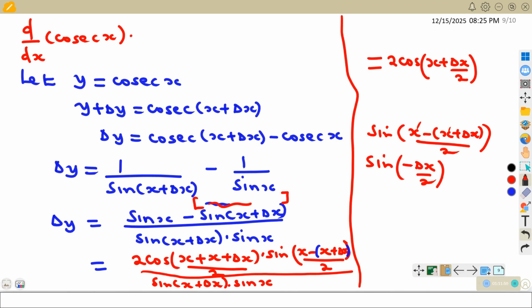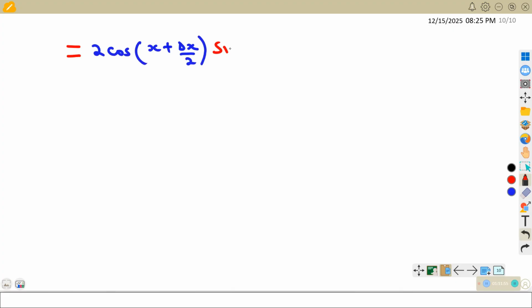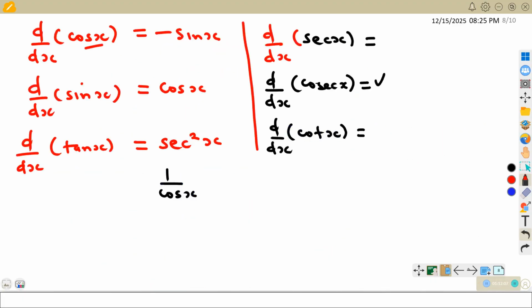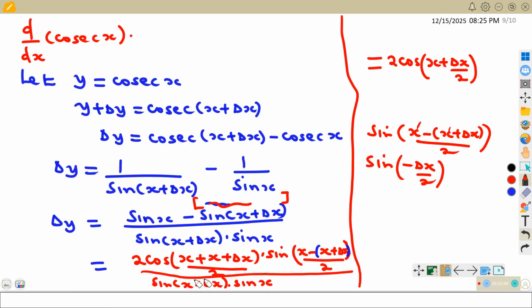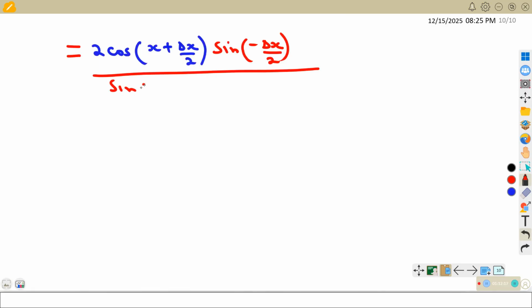So from that given point, we shall have sine of negative delta x divided by 2. But we are dividing the whole of this by sine of x plus delta x times sine of x. So this is our delta y.